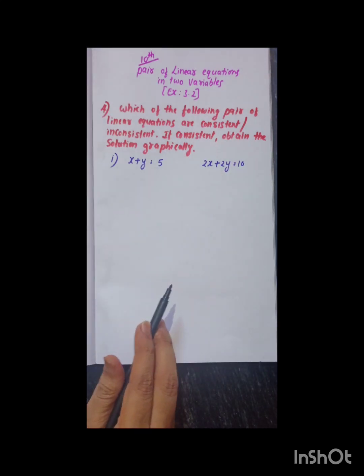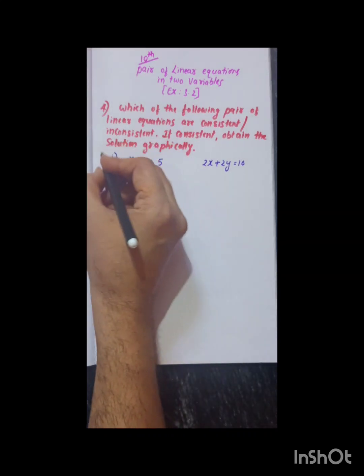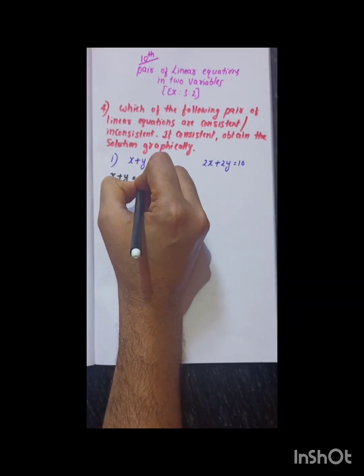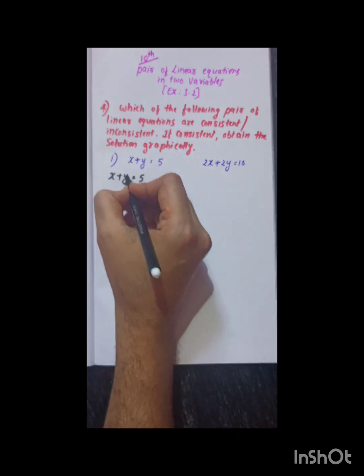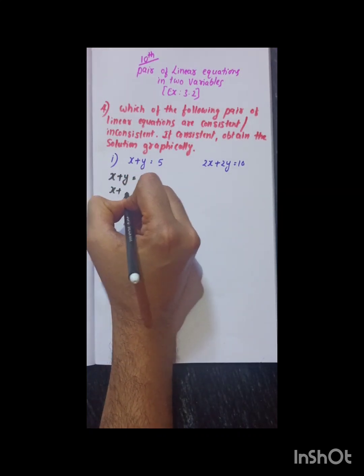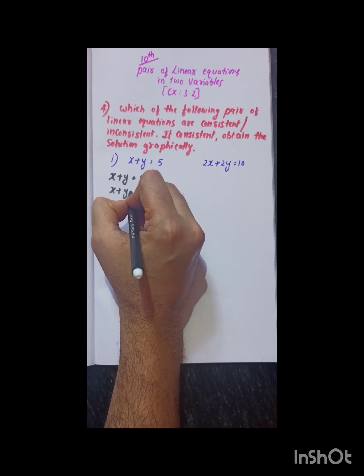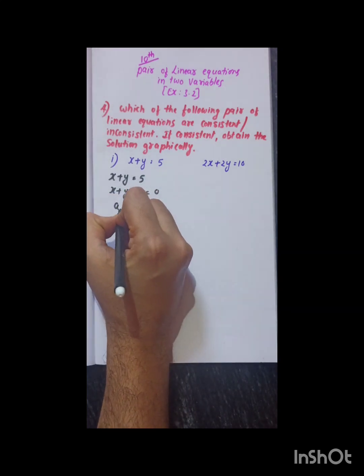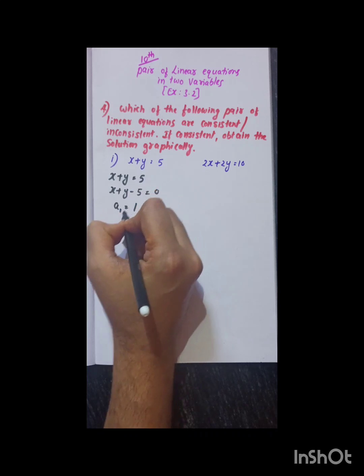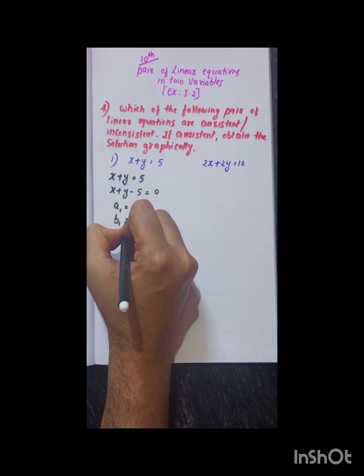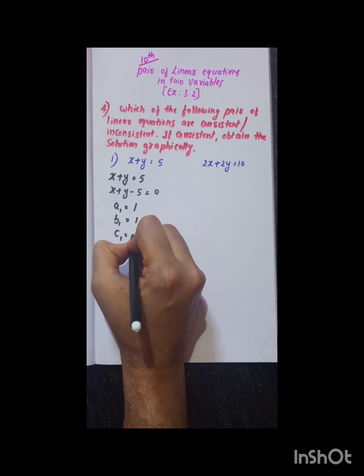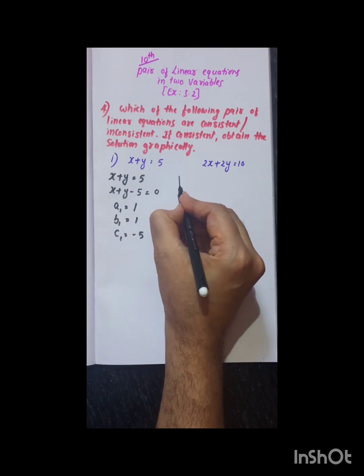Let's start the answer. x plus y equals 5. x plus y minus 5 equals 0. A1 equals 1, B1 equals 1 and C1 equals minus 5.